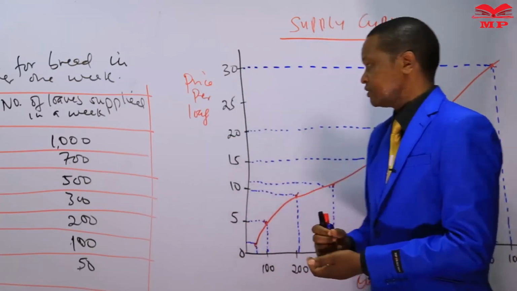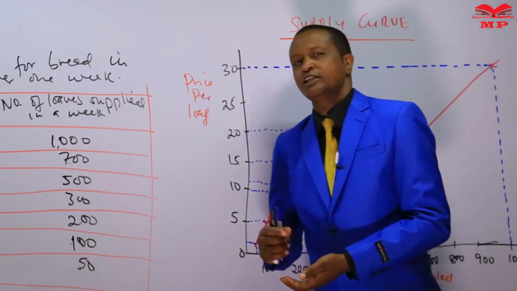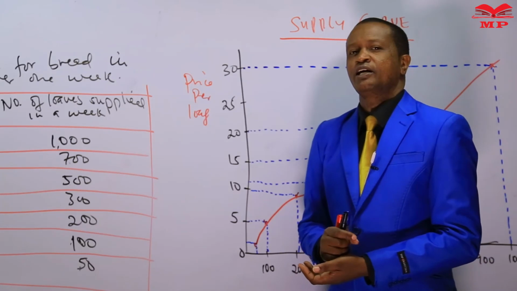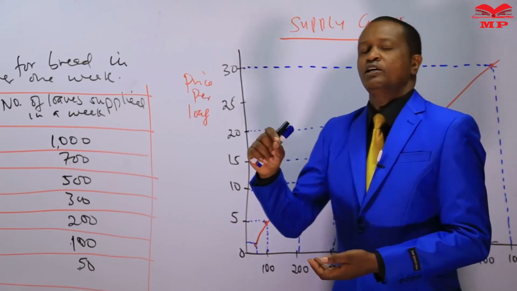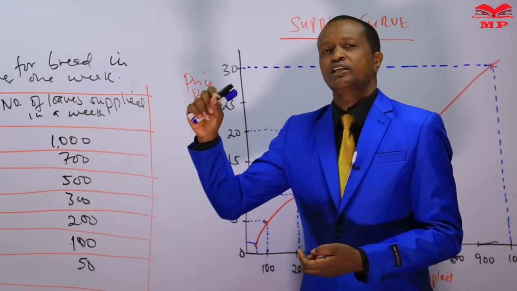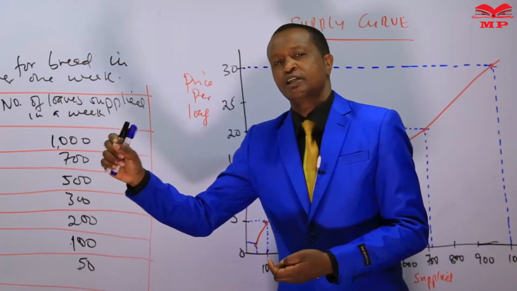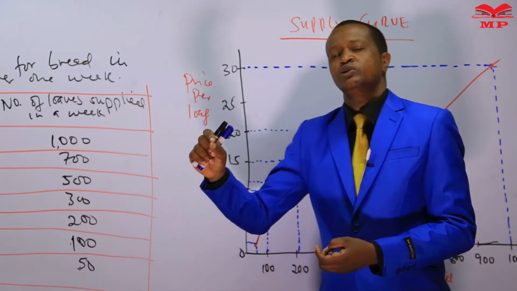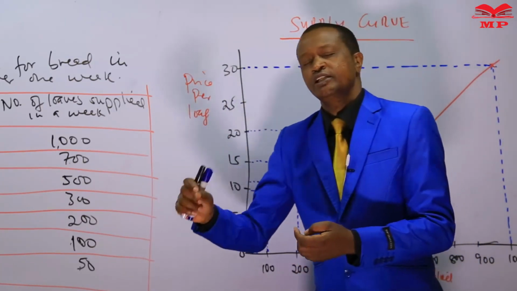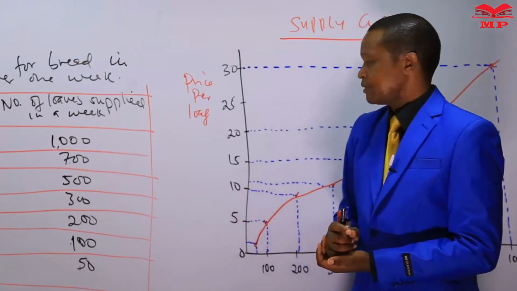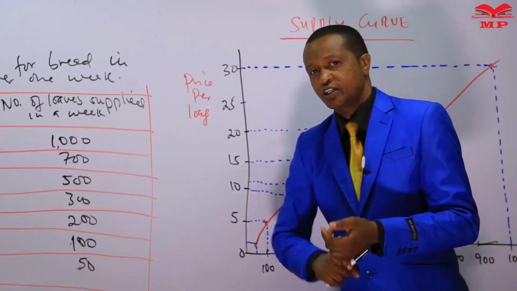The tendency of the supply of a commodity to increase with an increase in price, and to reduce with a decrease in price, is the law of supply. That is one thing we've learned today.